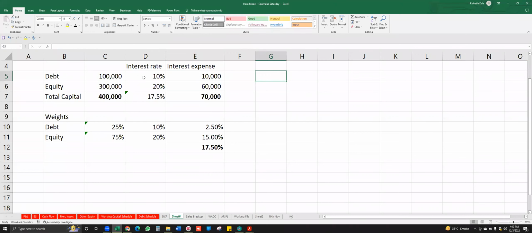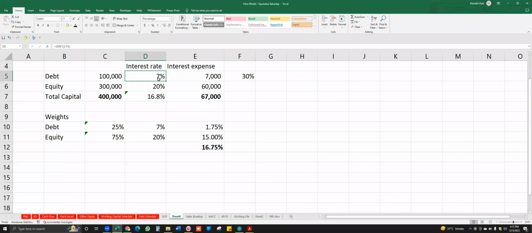If I say the tax rate is 30%, what will be my actual cash outflow? Yeah, 7,000, right? So obviously it will not be 10%. Your rate will be 10% into 1 minus your tax rate. This is the only thing that you need to concentrate on. Whenever you talk about cost of debt, it shouldn't be 10%.